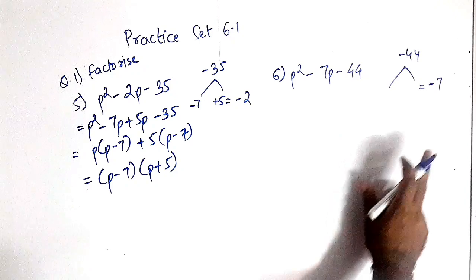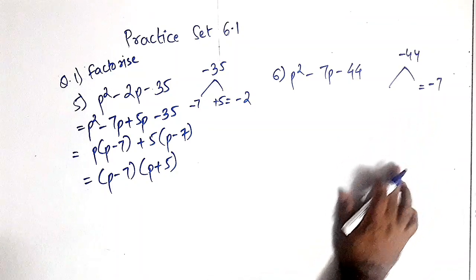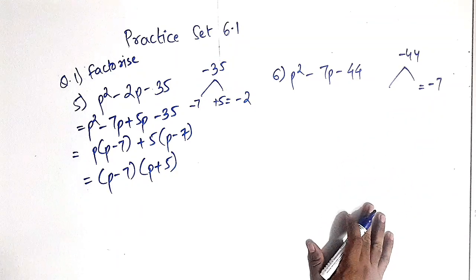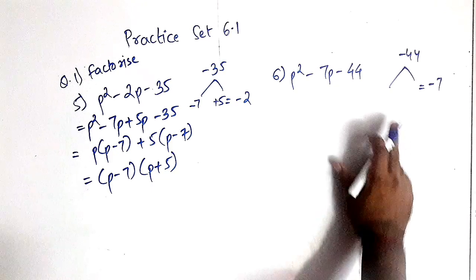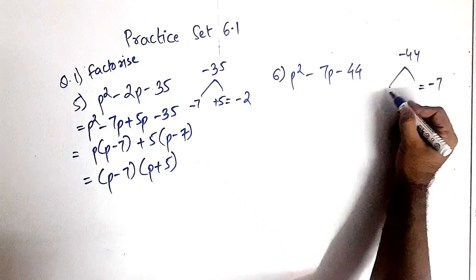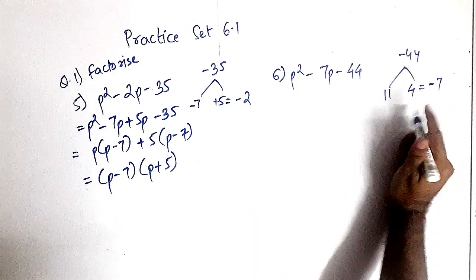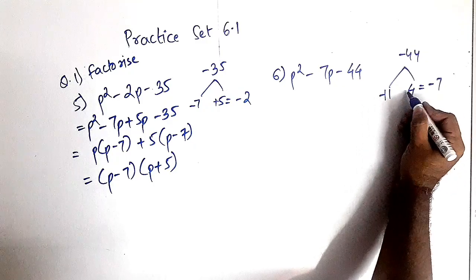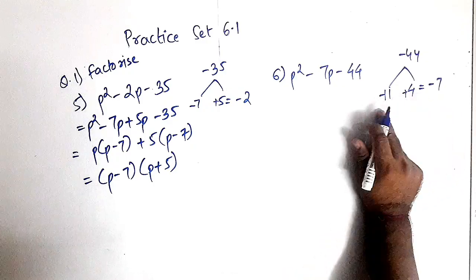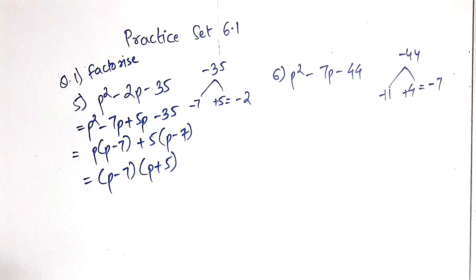2 times 22 will not give me minus 7. Then it comes in the table of 4. Yes, 11 fours, 11 and 4 will give me 7. So 11 4 times. How will I get 7? Minus 11 plus 4 will give me minus 7.